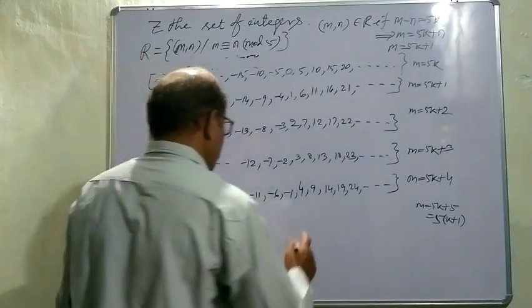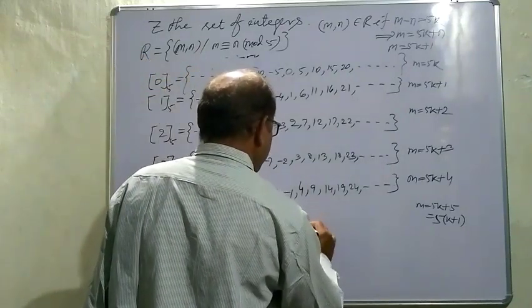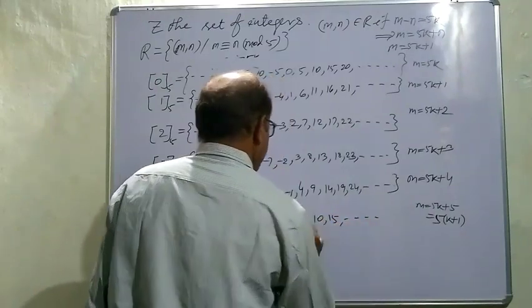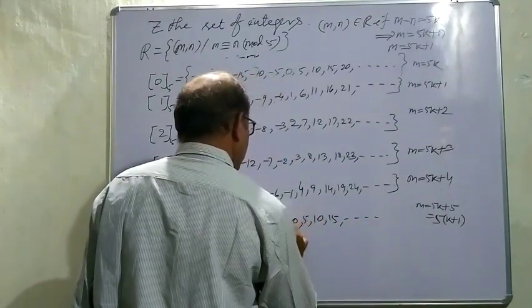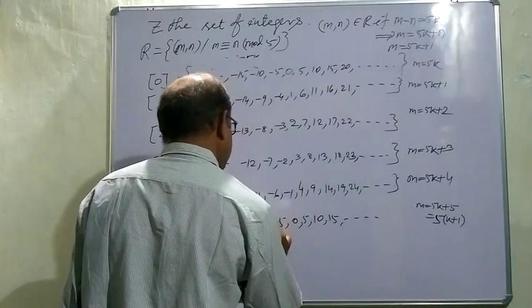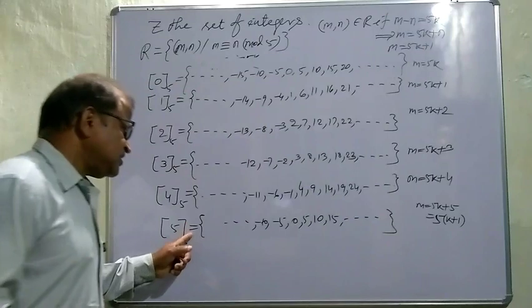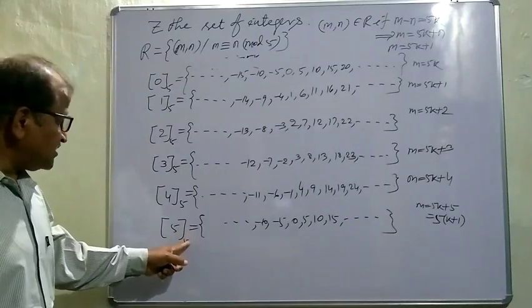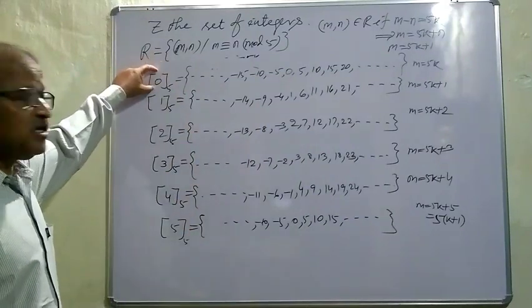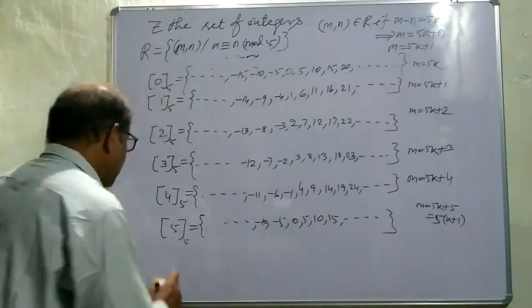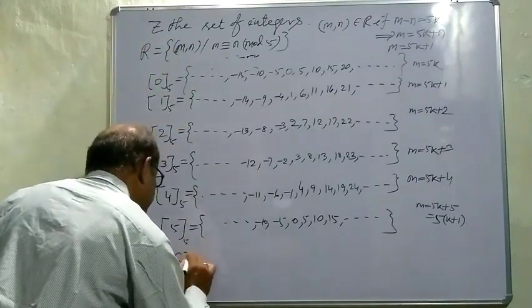So what will this be? 5, 10, 15, all are there. And here 0, minus 5, minus 10, like this. You see, this equivalence class is exactly the equivalence class of 0.